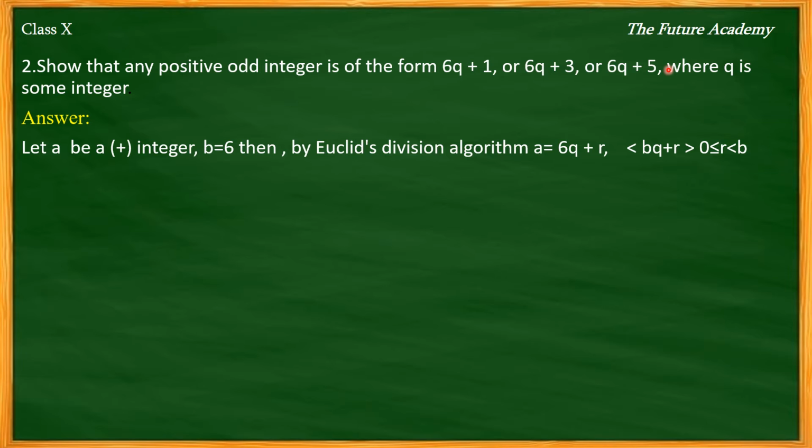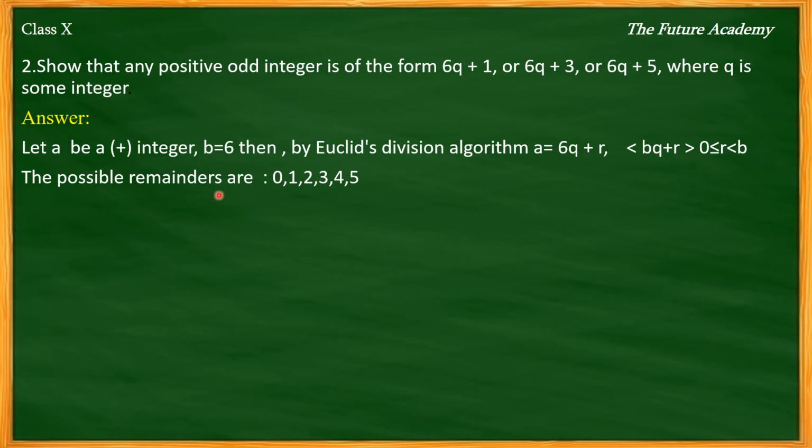Let a be any positive integer and b is a divisor, that is b as 6. Then by Euclid's division algorithm we can write a is equal to 6q plus r. The possible condition of r is that r should be greater than or equal to 0 and less than 6.